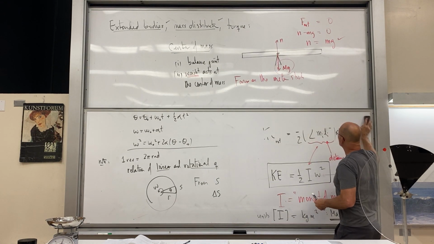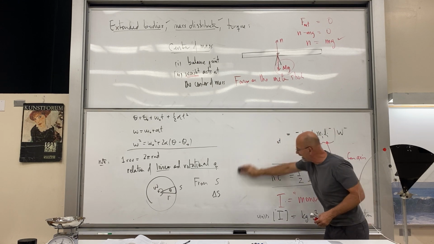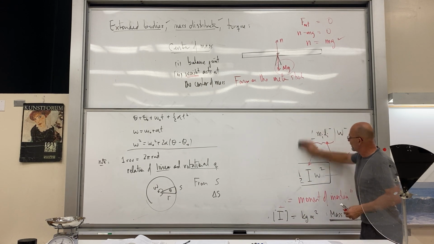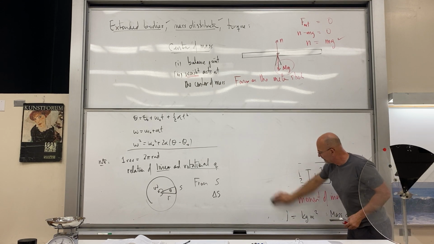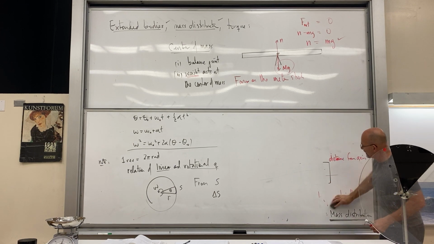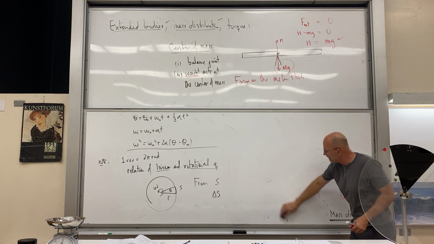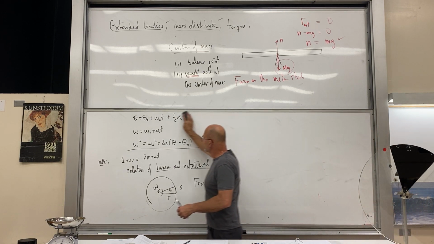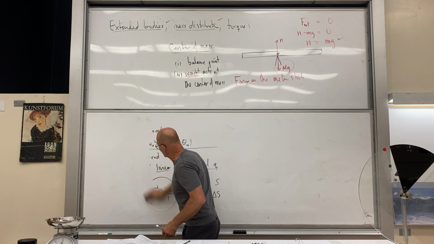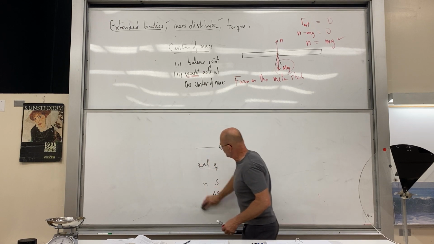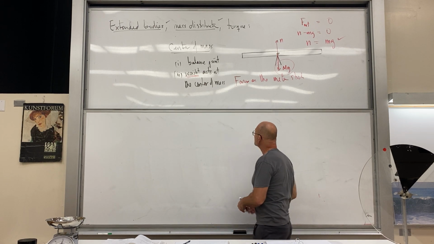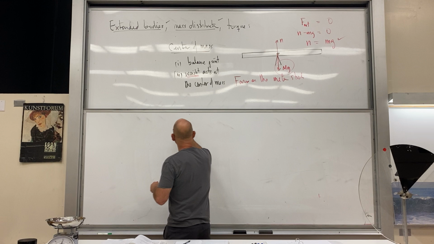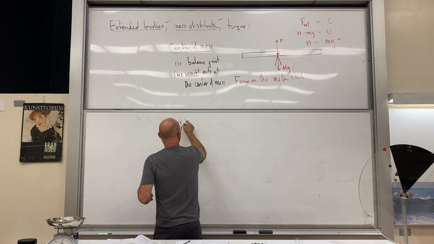Now, suppose we have the same ruler. This is point 3 of our list. I'll go ahead and erase all this. We're just continuing this example.